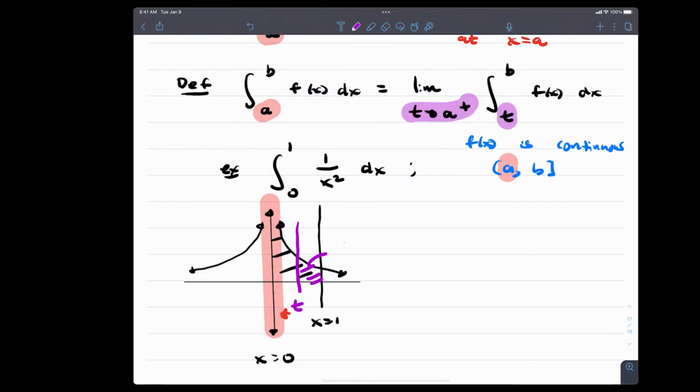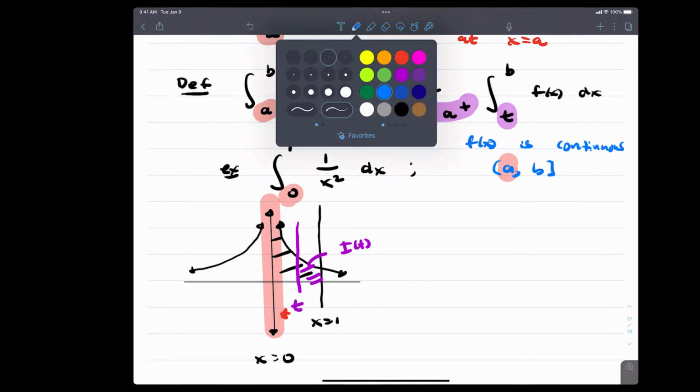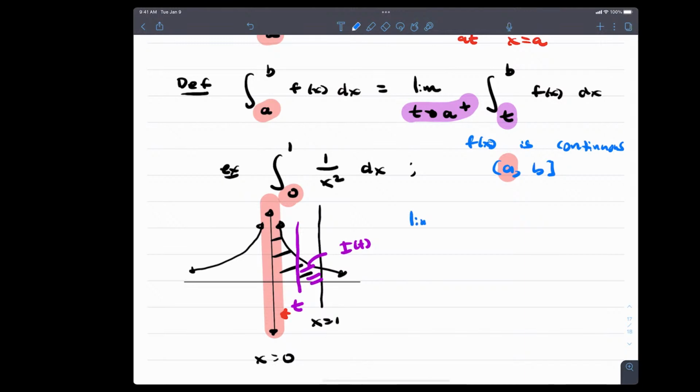This is my integral I of t that we've been watching. So you just apply the definition because the issue is at 0 here, right? So this will be the limit as t goes to 0 from the right. We're going to integrate from t to 1, x to the minus 2 dx.